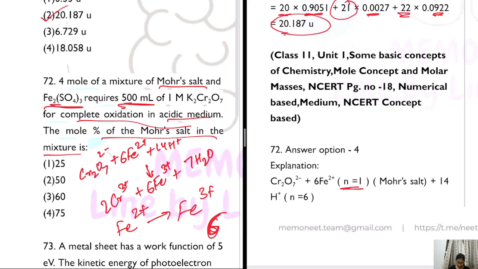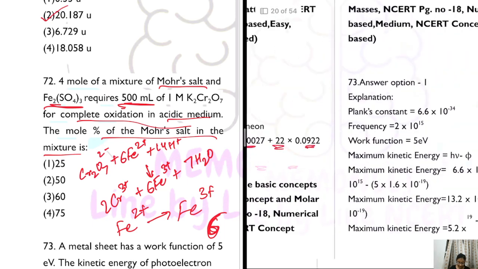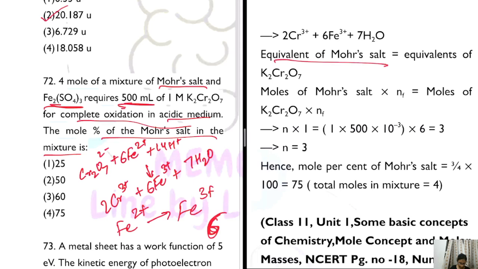So let's see now what happens. We know that equivalents of Mohr salt reacting will be equal to the equivalents of potassium dichromate. That is, moles of Mohr salt into n factor will be equal to the moles of potassium dichromate into n factor, because the equivalents are always the same.